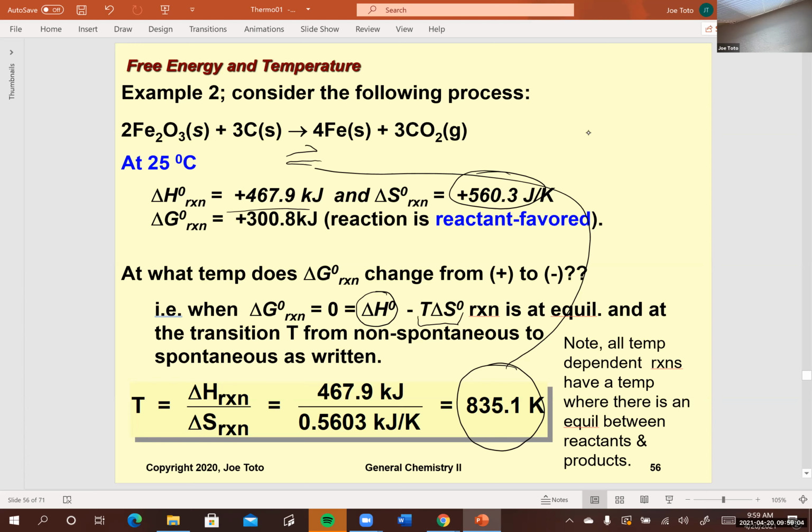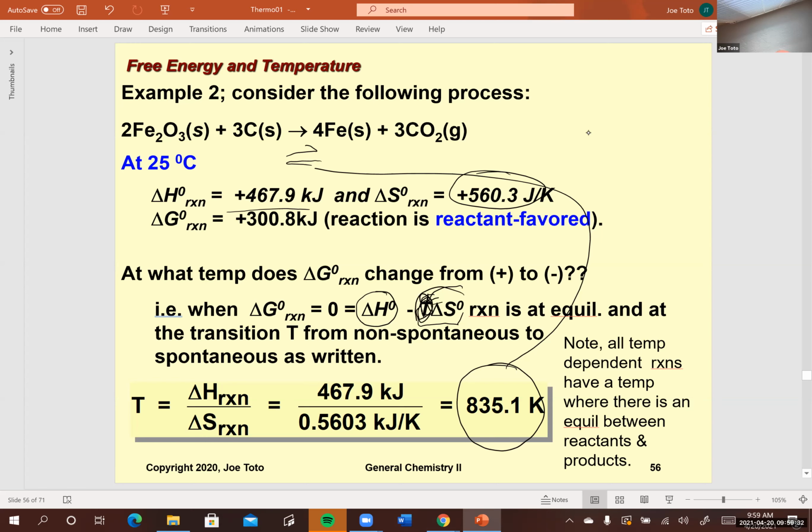Now, which way would I need to make the temperature go to change that 0 into a negative and therefore make it a spontaneous reaction? Do I go up in temperature or down? Up? Yeah. And if I went up, that would make this T larger.